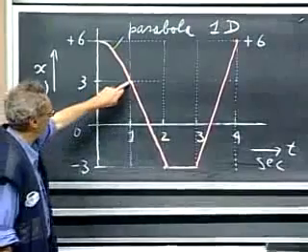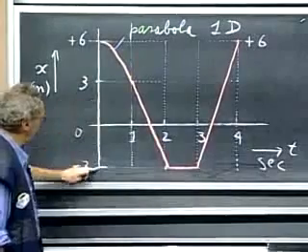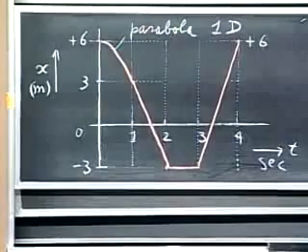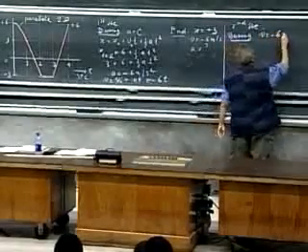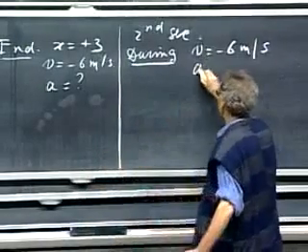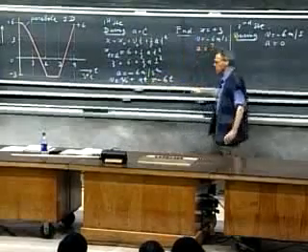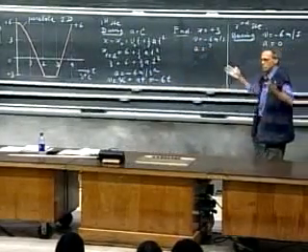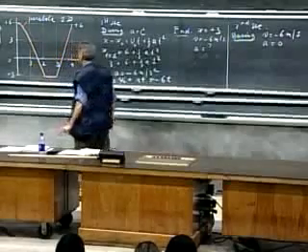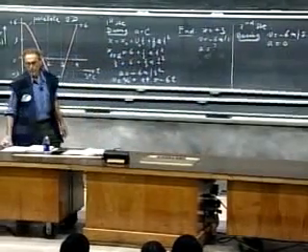That is exactly what it was at the end of the first second. You can see it goes 6 meters from plus 3 to minus 3 in 1 second. So the velocity is minus 6 meters per second. The acceleration is therefore 0. You see that the acceleration changes abruptly from minus 6 meters per second squared to 0. So I can't tell you what it is exactly at this moment in time. So that's the situation during the second second.